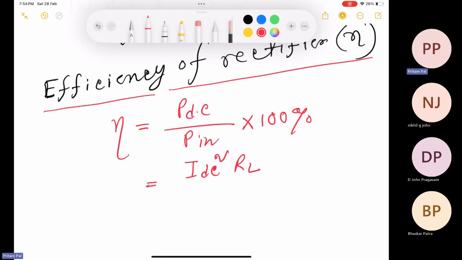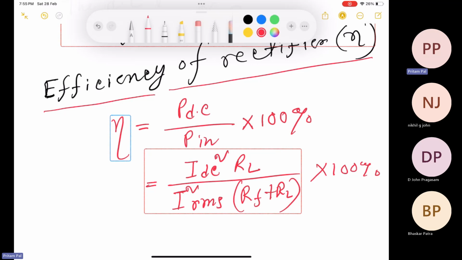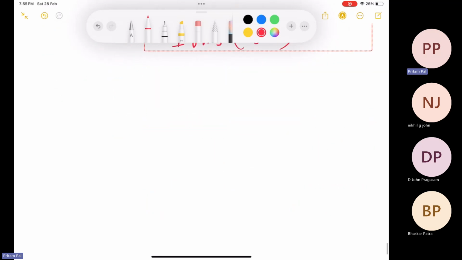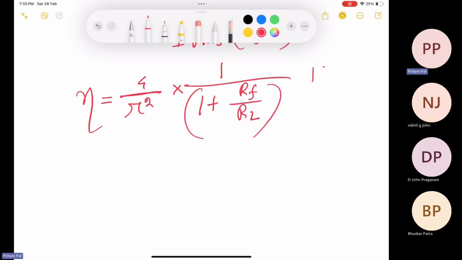This is IDC square RL over I RMS square times RF plus RL, times 100%. If you substitute the expressions that I derived, you will get a final expression, which you should also try to solve by yourself once. It will be a ratio of these two resistances, times 100%.